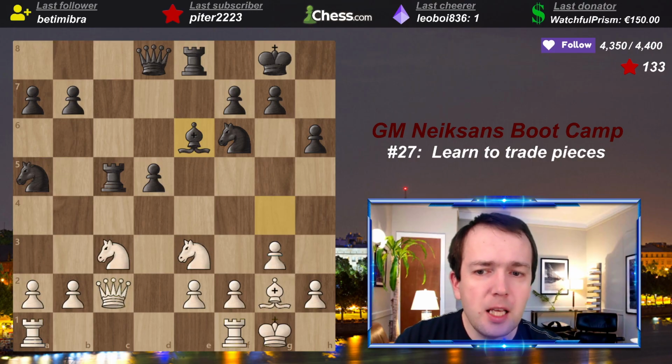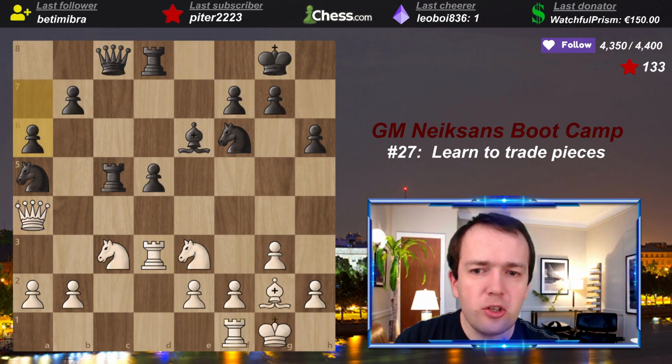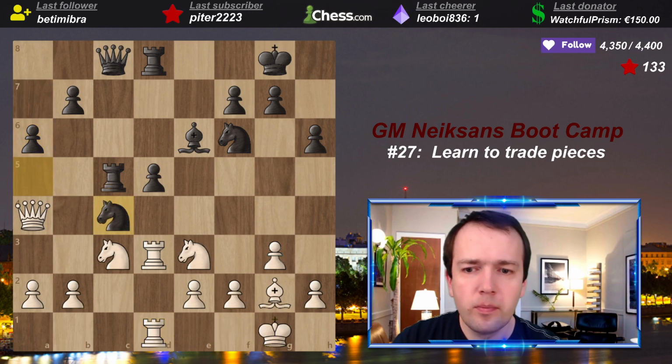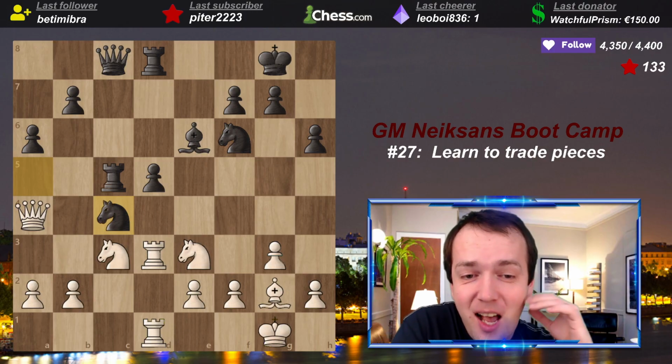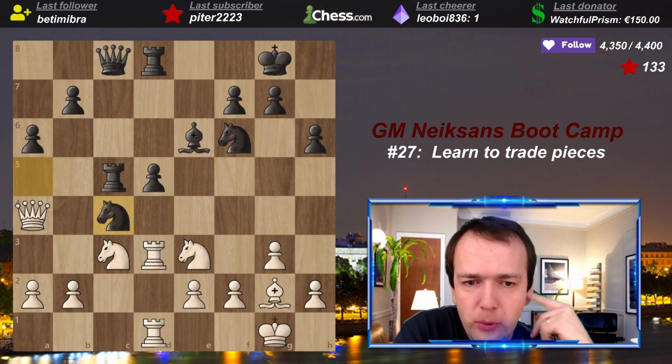So Kasparov played bishop e6 here, queen a4 here, and started to pressure this pawn on d5. Now, Zwischenzug. Yeah. Now, you're offered the trade. You can take on c4. Are you going to do it or not?